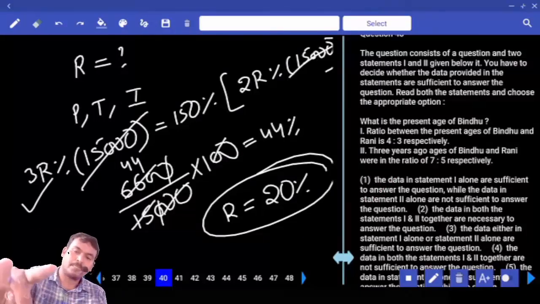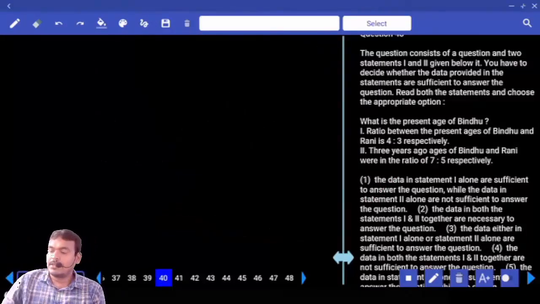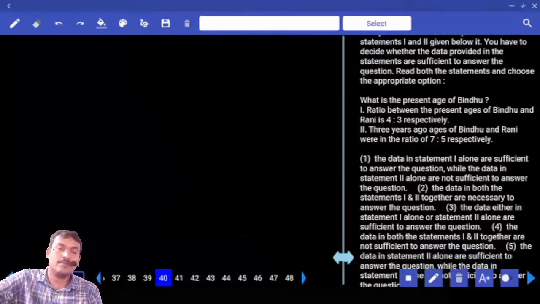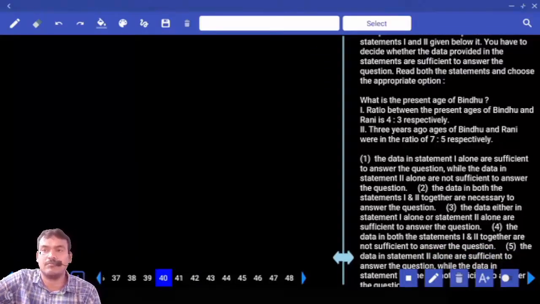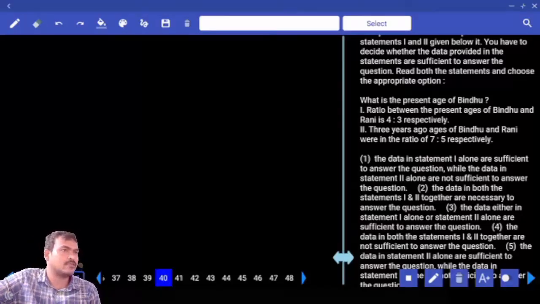Question number 40. What is the present age of which one? Bindu. What is the first statement? The ratio between the present ages of Bindu and Rani is 4:3. Second statement: 3 years ago the ages of Bindu and Rani were in the ratio of 7:5. In ages concept, we require individual values, means definitely we know the 2 ratios or only 1 ratio? 2 ratios.